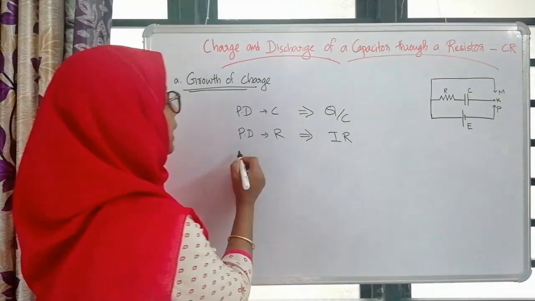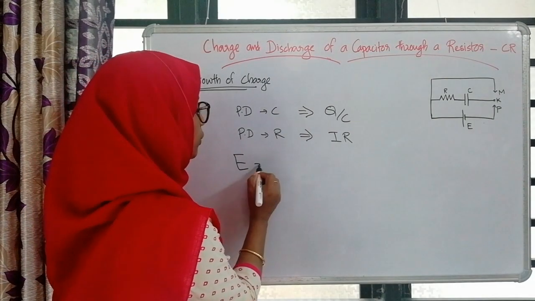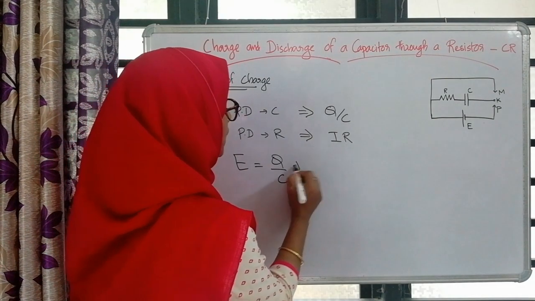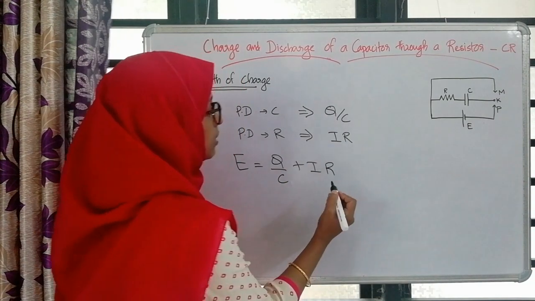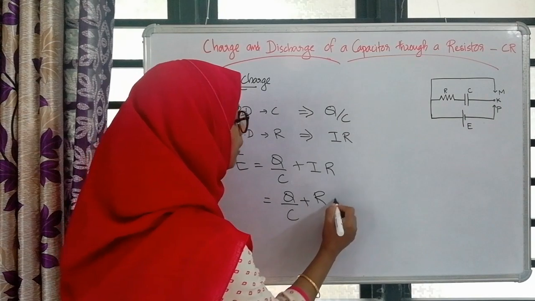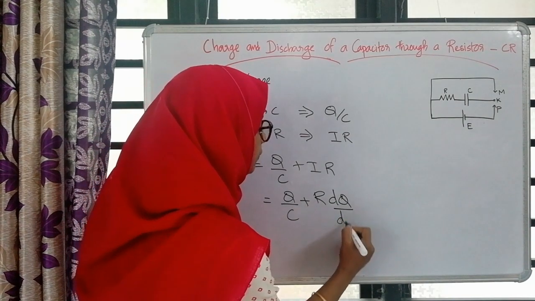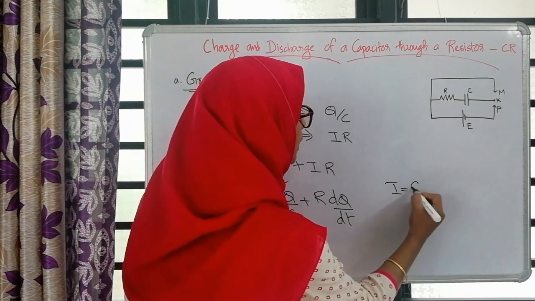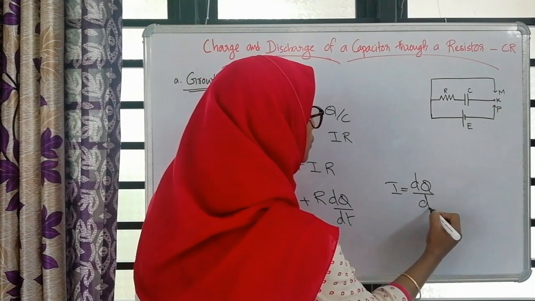So, the applied EMF should be equal to Q by C plus IR. We can write it as Q by C plus R dQ by dt, where we know the current is the rate of change of charge.